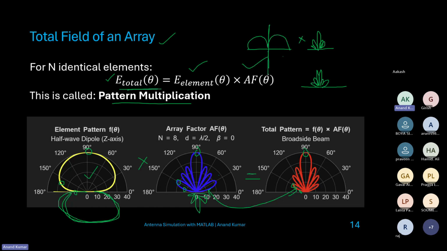So although you had a maxima in the array factor, when they multiply, this will become zero at the center. But you had maxima somewhere here, so that will come over here. We'll see more on this.